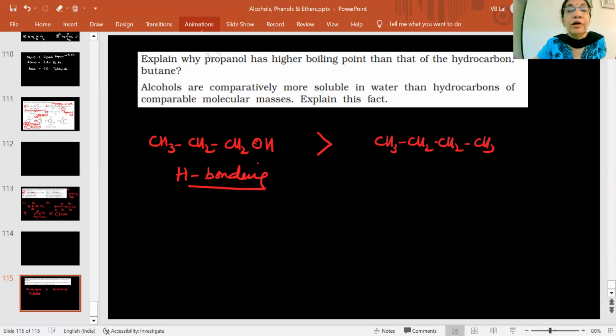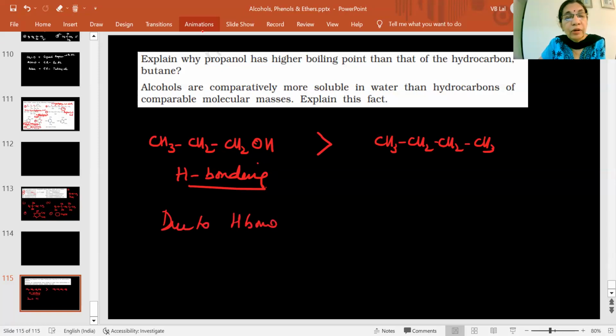Then the second one, alcohols are comparatively more soluble in water than hydrocarbons of the same molecular mass. If I take this example only, propanol is soluble in water, but butane is not soluble in water. Why are alcohols soluble and alkanes not soluble? Because the alkane part is the hydrophobic part, and moreover, alcohols form hydrogen bonds with water.